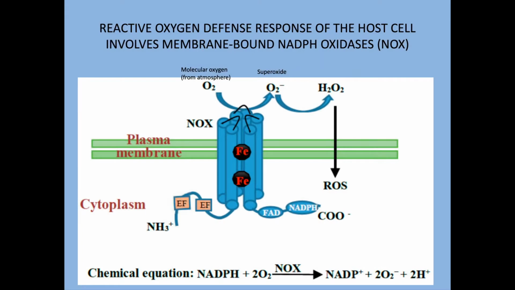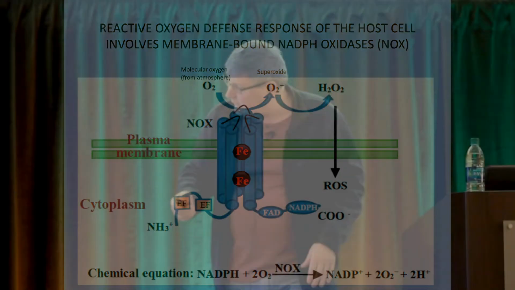So in order to make reactive oxygen, the plant actually uses oxygen. It takes oxygen from the atmosphere, and they use an enzyme. This is the enzyme in the membrane of the root, and they take that oxygen from the atmosphere and they make superoxide. So that's what's going on, just so you see a little bit of the chemistry.